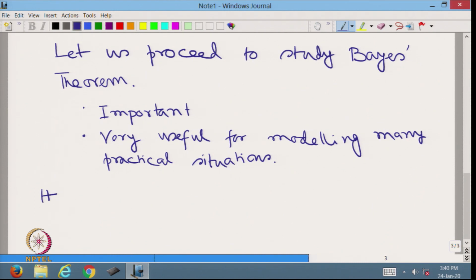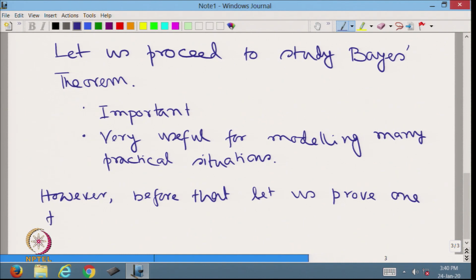However, before that, let us prove one theorem.